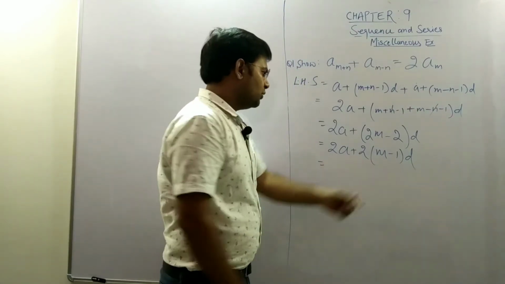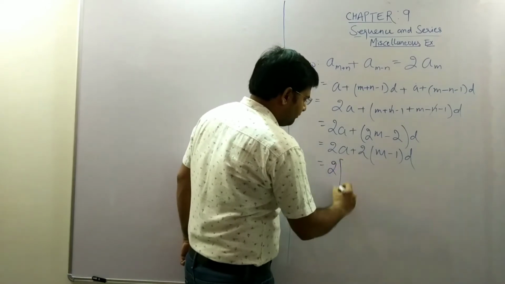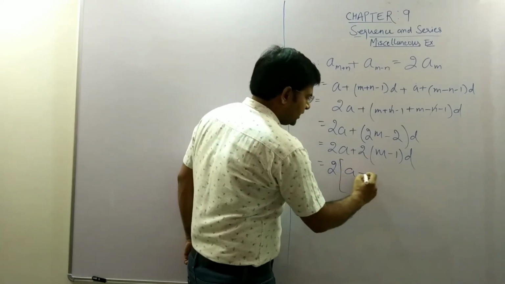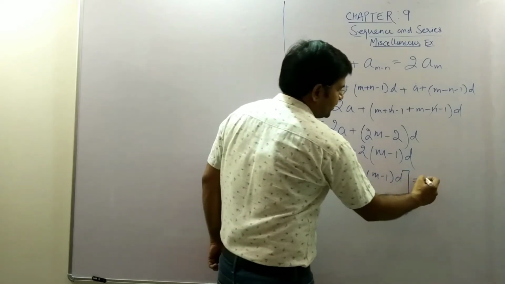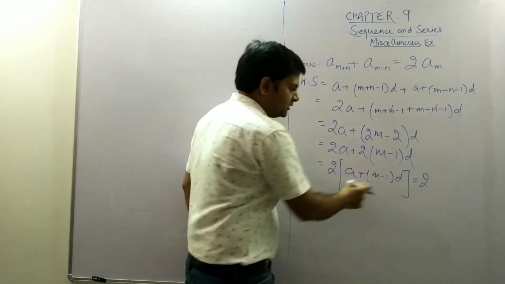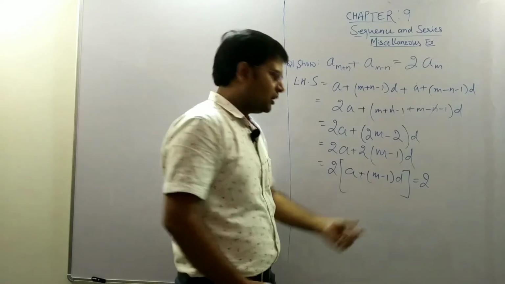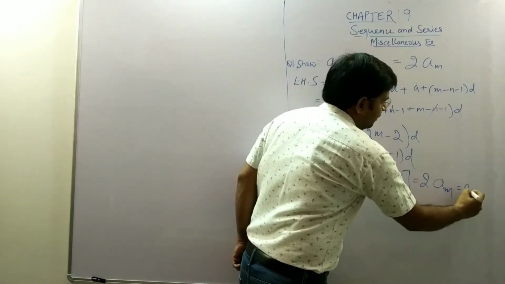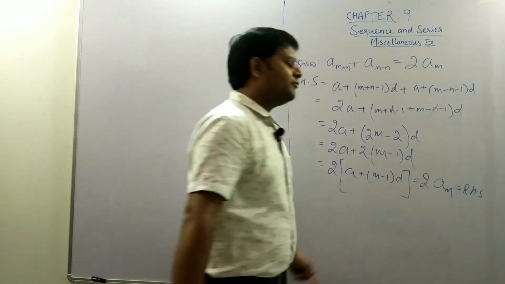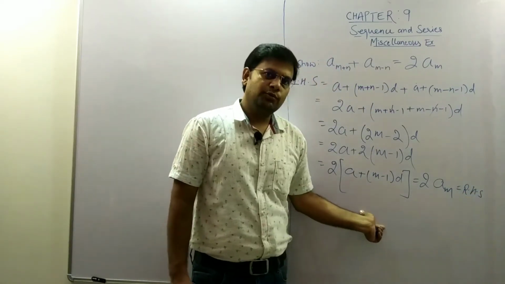Now you can see 2 can be taken out common from these two terms, so this is a plus (m minus 1)d, and inside this bracket, this is the mth term, so this is twice of am and this is equal to RHS. So you have proved that LHS is equal to RHS.